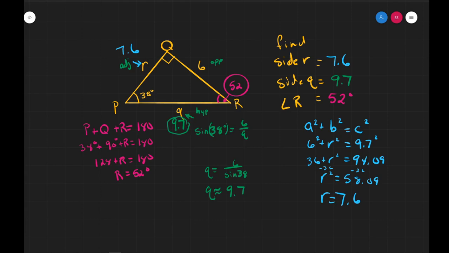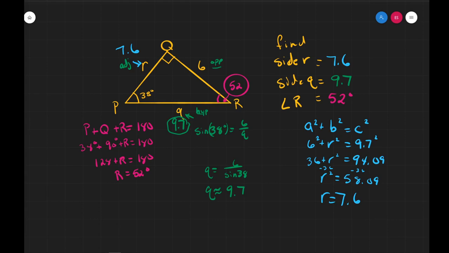So then to find this side Q, I used my angle P, which is 38 degrees. Then I said, okay, I have the opposite side over here, and I'm looking for the hypotenuse, which is side Q. So I did sine of 38 degrees is equal to 6, which is the opposite side, divided by Q, which was the hypotenuse.